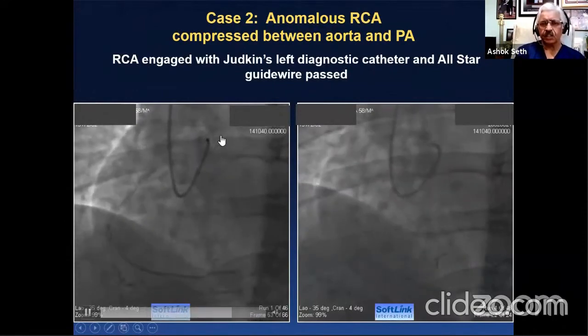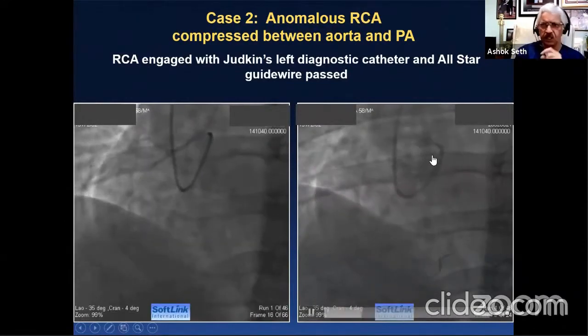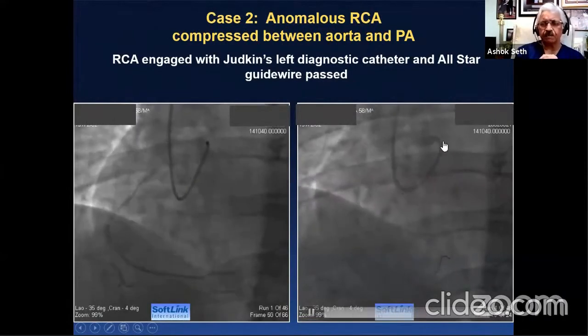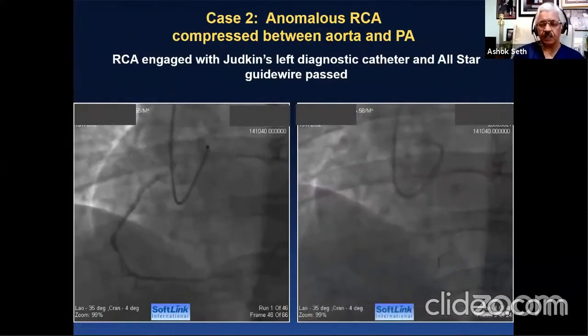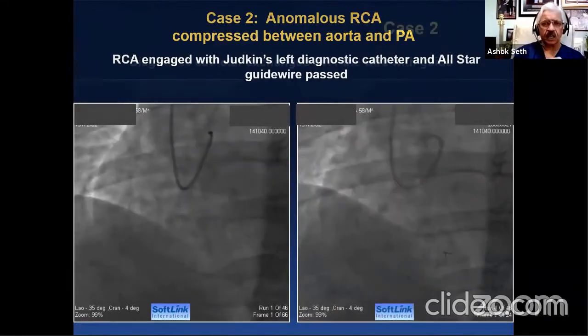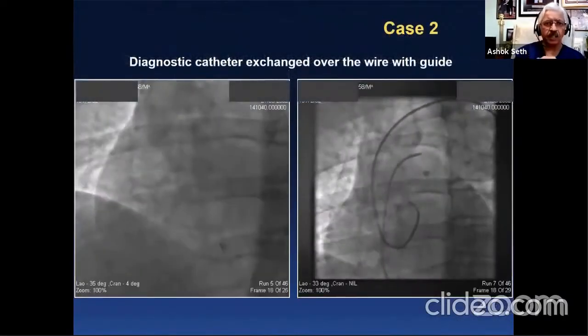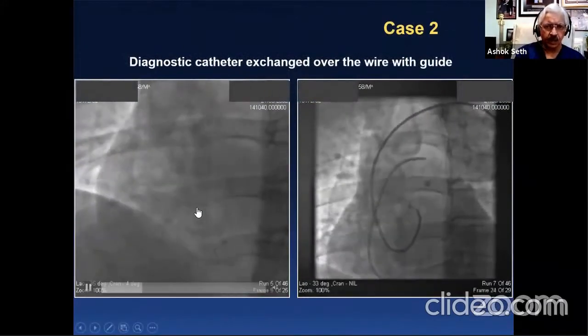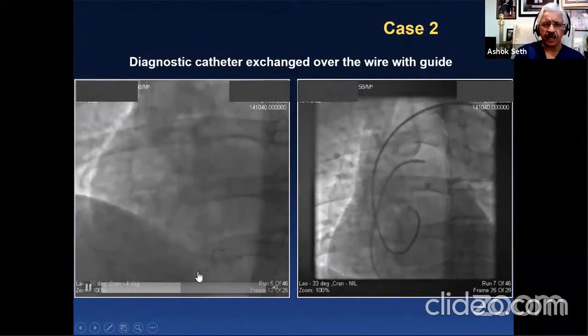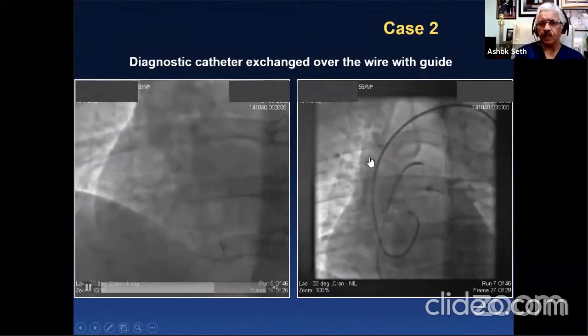So it's intubated with a Judkins diagnostic catheter. This is a non-modified Judkins, just inverted, and with a clockwise twist to point anteriorly. Once that's done, an All-Star guide wire is passed down. Again, the diagnostic is removed, creating a loop in the aorta for the guide catheter to come through.